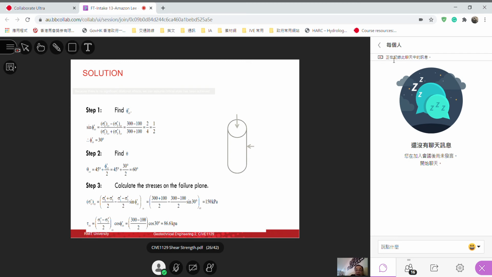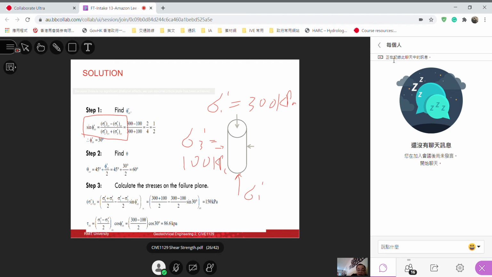Go back to here. Our major principal stress at failure is 300 kPa. Our minor principal stress at failure is equal to 100 kPa. Now remember, I showed you this equation before, in the previous slide.